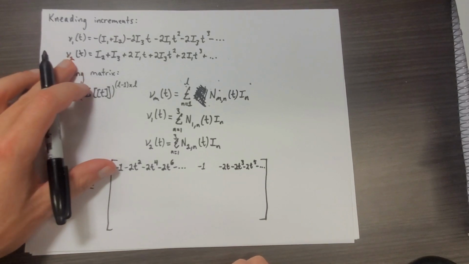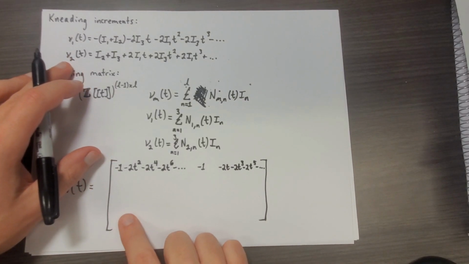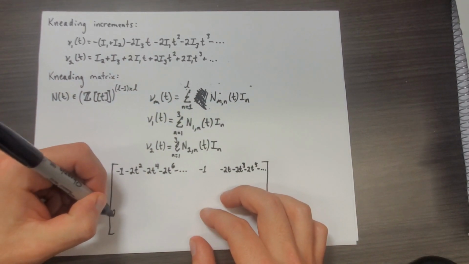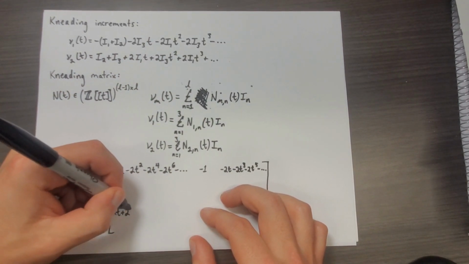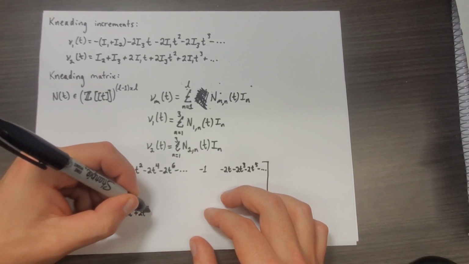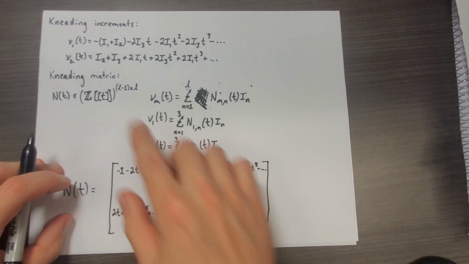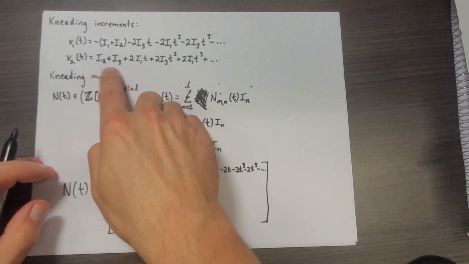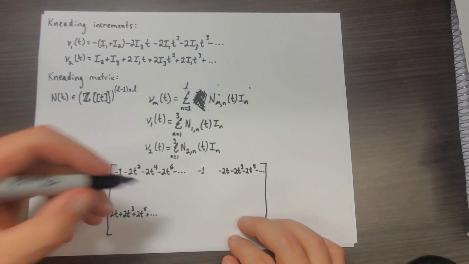Now the second one, you just look at nu 2. So I1 occurs at the linear term, the cubic term, and so on. So it's 2t plus 2t cubed plus 2t to the 5th, and so on. I2 only occurs in the first term, the constant term, and it has a coefficient of 1 there.